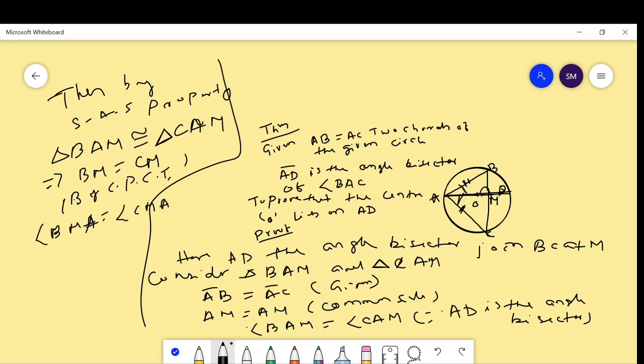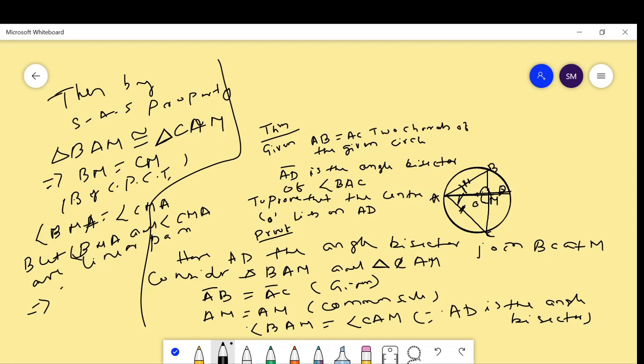But angle BMA and angle CMA are a linear pair, which means these two angles are equal and form a linear pair.